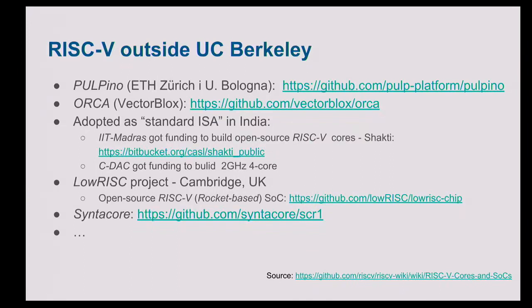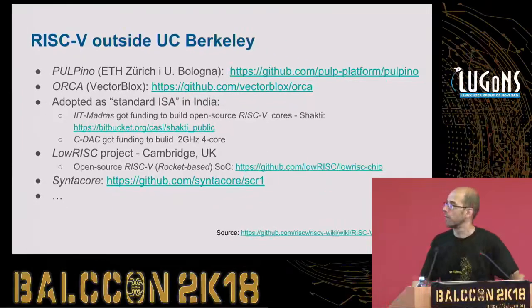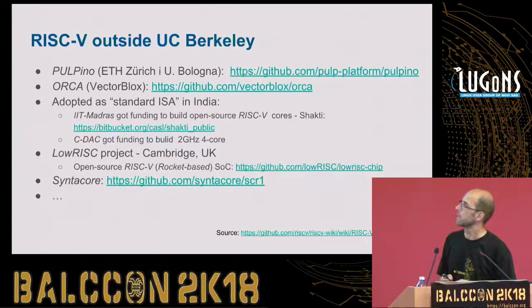Actually, India is really keen to have their own complete architecture covered, so they have adopted it as their standard ISA, and they have given funding to several institutions to build their own cores, which would then be used in Indian industry.